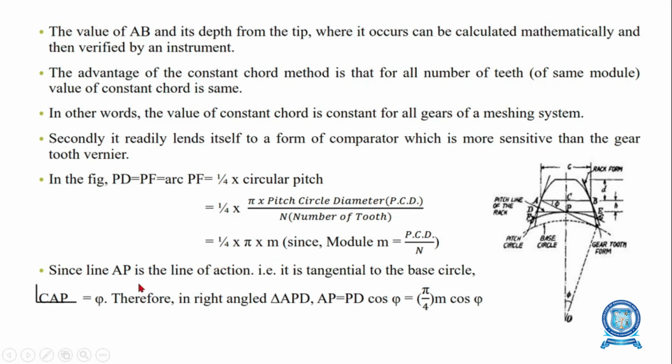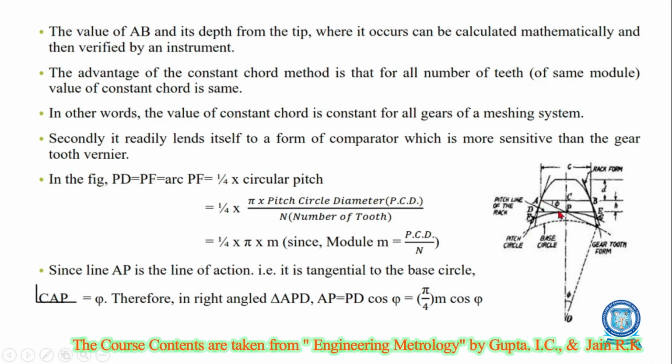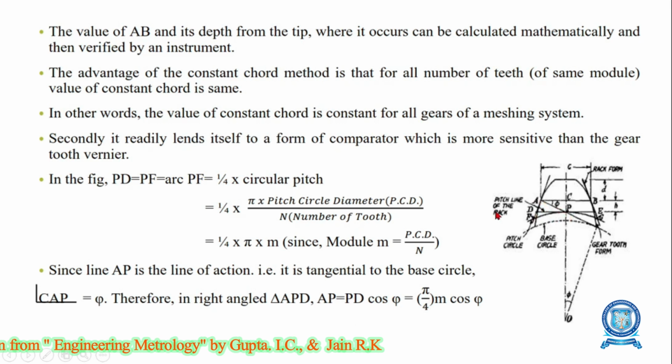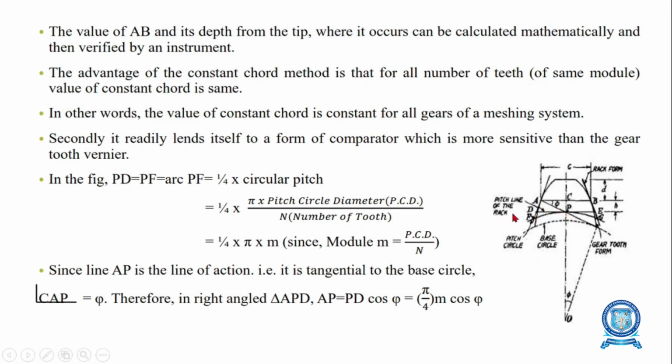Since line AP is the line of action, it is tangential to the base circle. So angle CAP is equal to psi. In the right angle triangle APD, AP is equal to PD into cos psi, which is equal to pi by 4 into m into cos psi.